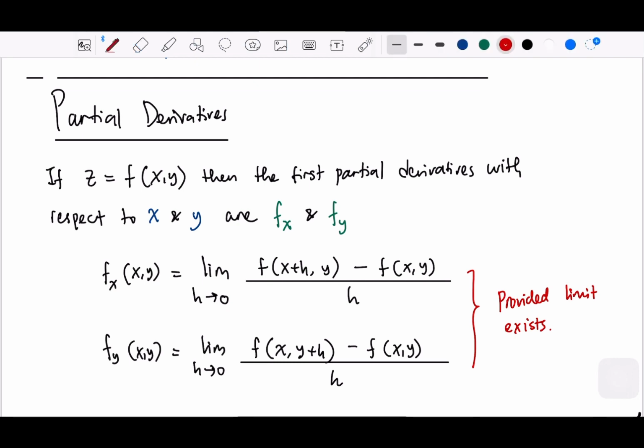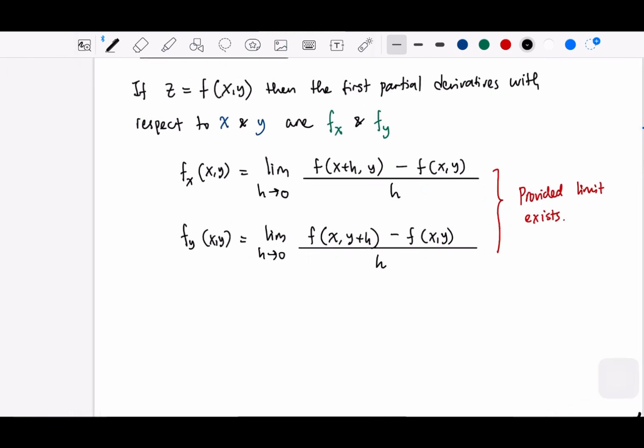So how do we see these definitions? First, we take x as the variable we differentiate with respect to, and for f_y we take y. In practice, let me give you a quick example.